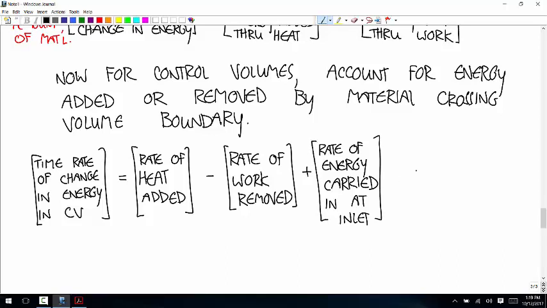And then we also have to account for the energy that's being carried out at the exit. So minus the rate of energy carried out at the exit.